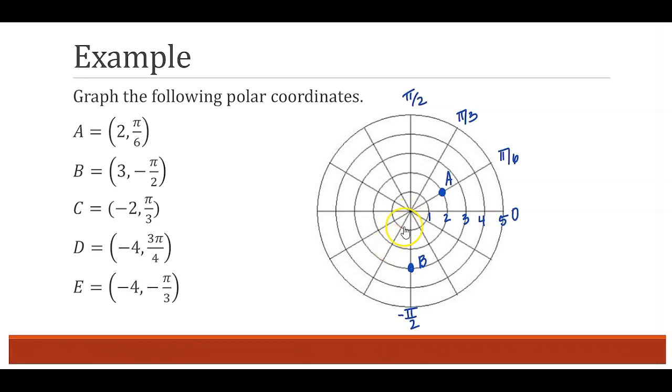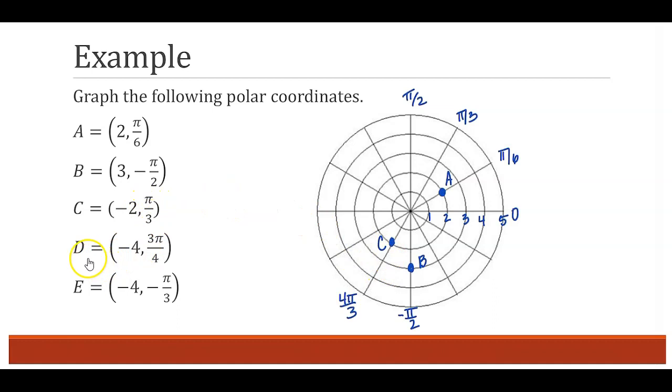So I'm going to go 2 units away from pi over 3, landing me right here, and I'm going to label that my point C. So if I'm directly across from pi over 3, I'm still going to have a reference angle of pi over 3. So this angle down here is actually 4 pi over 3.